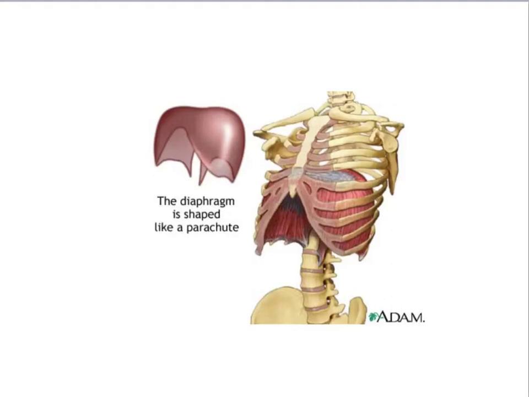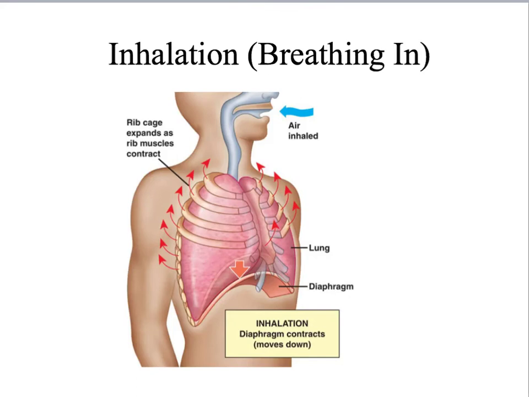Okay, so now we're going to discuss the two phases of breathing. So we have inspiration, which is breathing air in, and expiration, which is breathing air out. In inspiration or inhalation, we're breathing air into the body. Now, we might think that we just suck the air in through our mouth, but it doesn't really work like that. It's the actions of the muscles that help us breathe the air in. So the first thing we've got is the intercostal muscles.